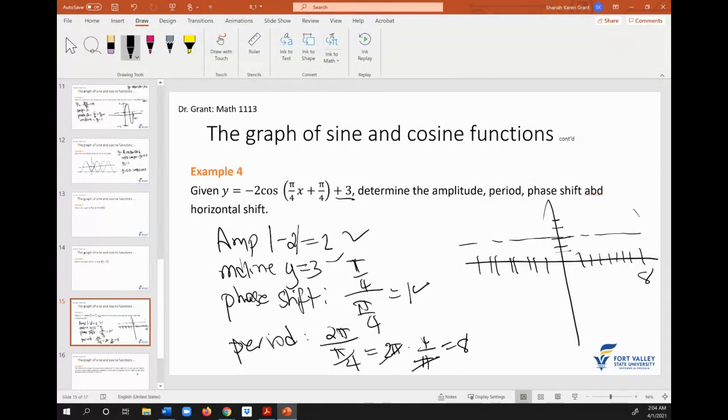So usually it looks like this, but we shifted 1 unit, so that means we're going to go to the right 1 unit here. So this is where we're going to now start.